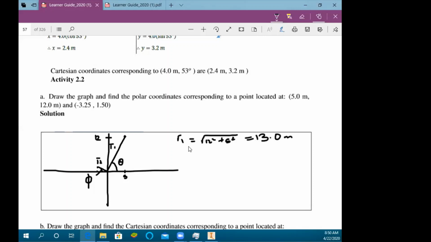Let's find theta, right? Theta, we can use tan.